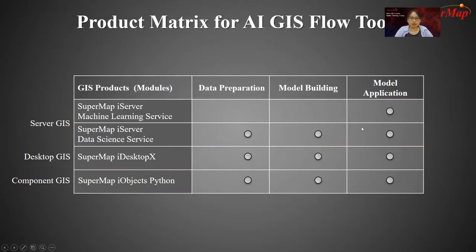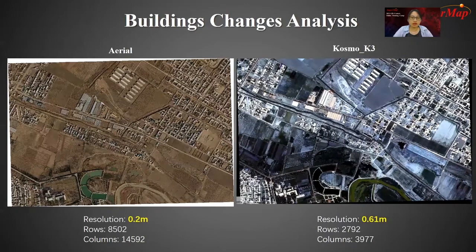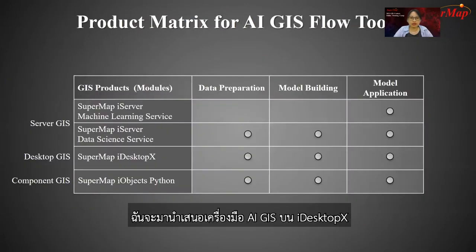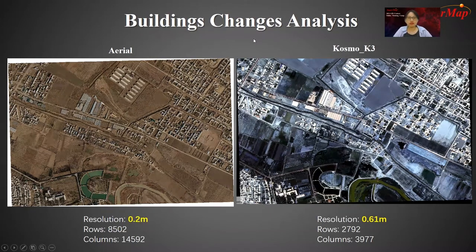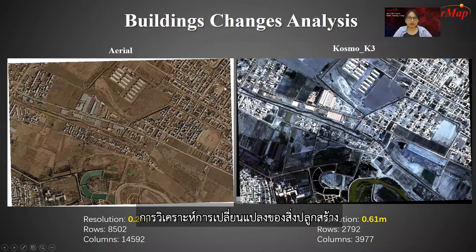Here I'd like to give you some applications by Supermap iDesktop X with AI GIS tools. This example is about building changes analysis.